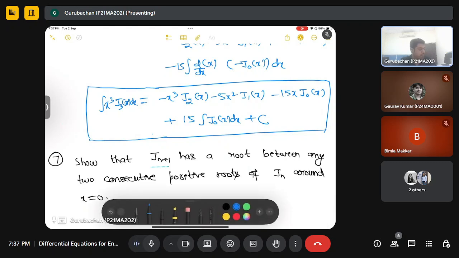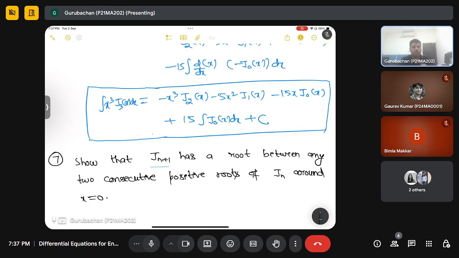So as I told you, this is a simple application of Rolle's theorem. You have to use the above mentioned identities of differentiation of Jn. So try this one.